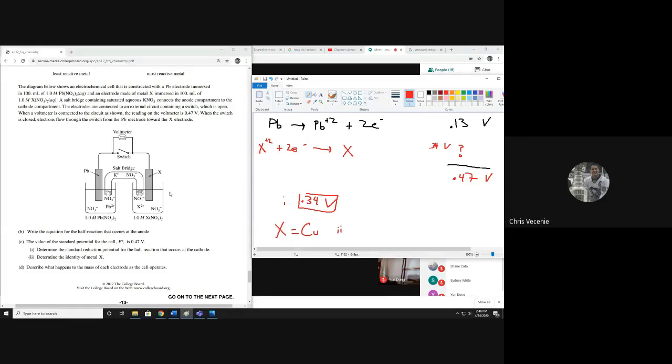And what's going to happen to this electrode's mass? Increase. Increase because X plus 2 swim up, they gain 2 electrons, they become the metal, so we're plating out on here. All right, so you would say the Pb electrode decreases in mass. The Cu electrode increases in mass.